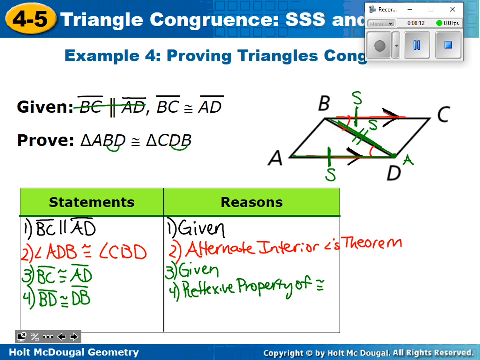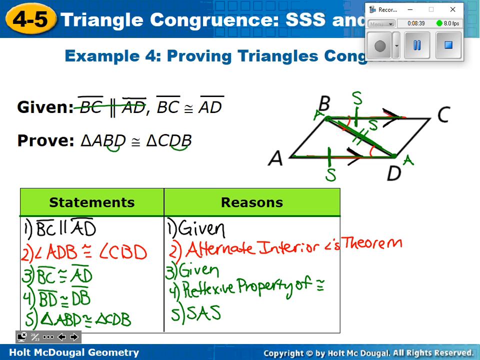Side, side, and where those 2 sides meet is the angle that's marked congruent. So we have side, angle, side. So your last statement in your proof, remember, is always what they tell you to prove. Triangle ABD is congruent to triangle CDB. And the reason was side, angle, side.